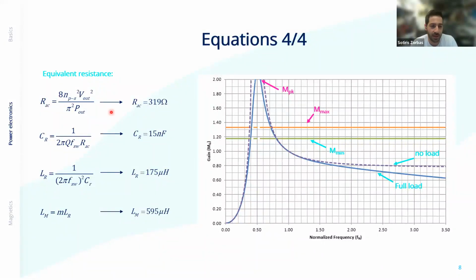If we know the power at the output, which is 130 watts, the turns ratio, and the output voltage, then the LC tank formed in the primary side effectively sees a resistance of 319 ohms, and that is enough info for us to specify the series capacitor that we want for this topology.